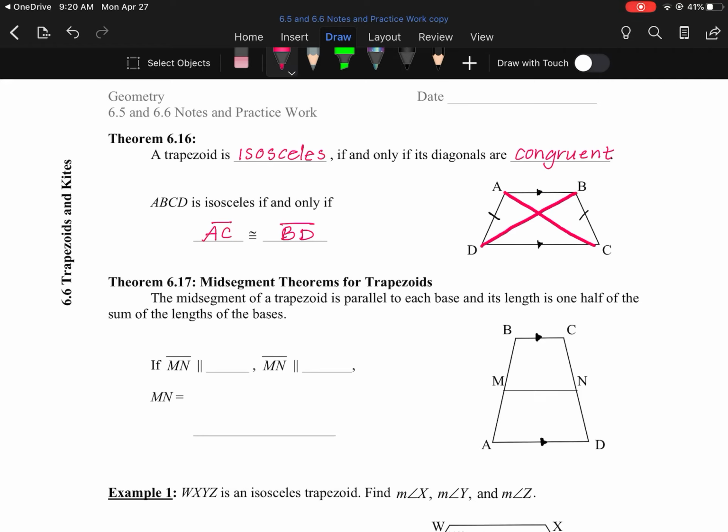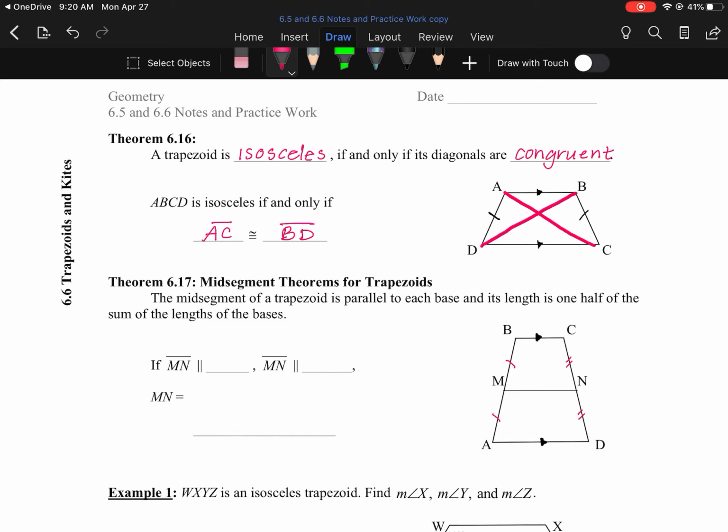All right, and everything else I think we're going to do. So the mid-segment of a trapezoid. The mid-segment means M cuts BA equally in half, and N cuts CD in half. I think that's all the information we need.